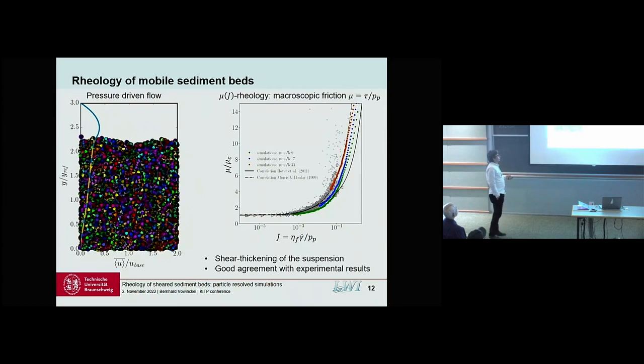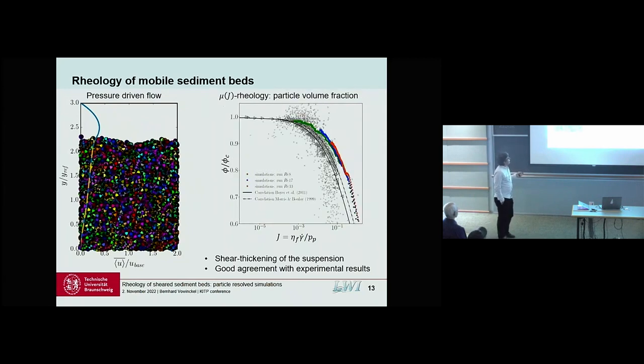So we found pretty good agreement with previous works on rheometer studies in terms of our mu of J curve. Second, we have the phi of J curve, and there we are also just focusing on the simulation results, and we follow the same behavior with a slight offset towards higher volume fractions at a certain shear rate.